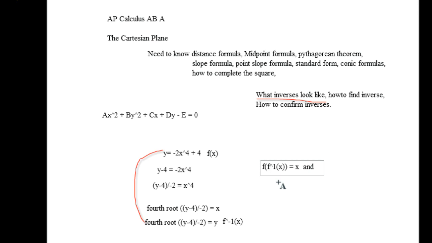And if you take the inverse and you do the composition with the original function and you get x, then you have inverses. So this is the actual rule. If you take the inverse and plug it into the original function, and when you're done composing you get x, and if you take the original function and plug it into the inverse, and when you're done composing you get x, then you have inverses.